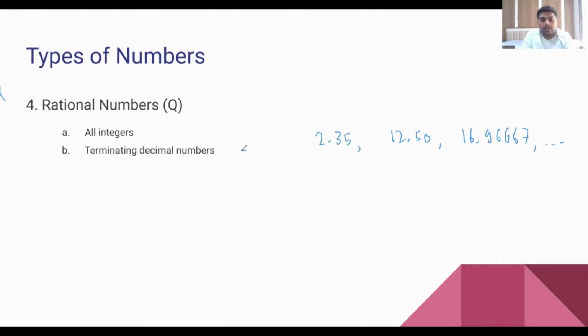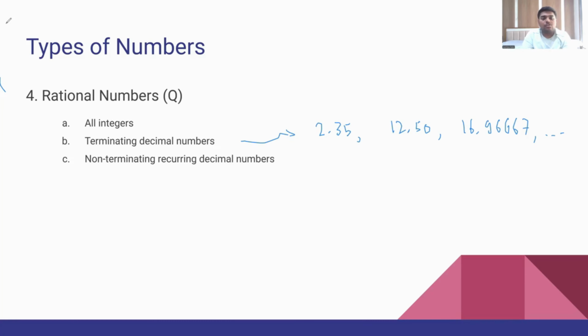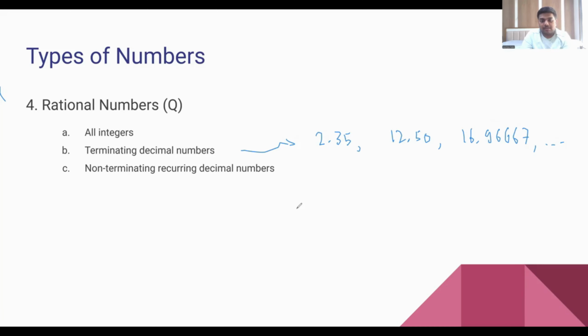So these are called terminating decimals, wherein the number of digits after the decimal is finite. And there are third type of numbers which are non-terminating recurring decimal numbers. So for example, 0.25252525 and so on. So this is a non-terminating decimal number.